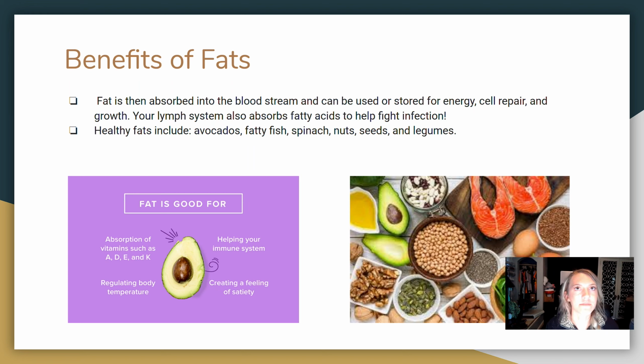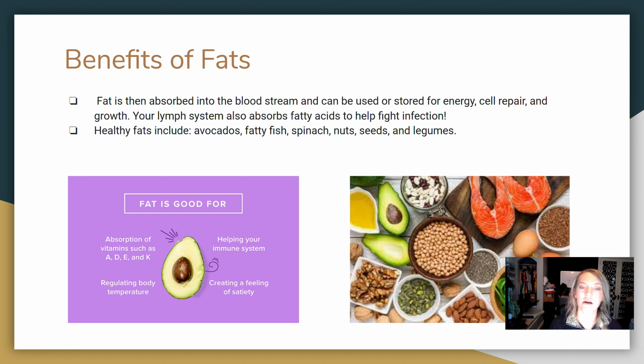Although the absorption of fats is pretty complicated, fats play an important role in the body, and it's very important to get as many healthy fats as you can into your diet. As a dietitian major, I want to stress this as much as possible.